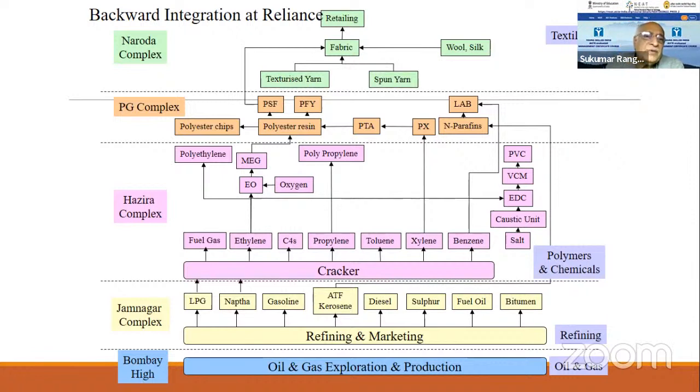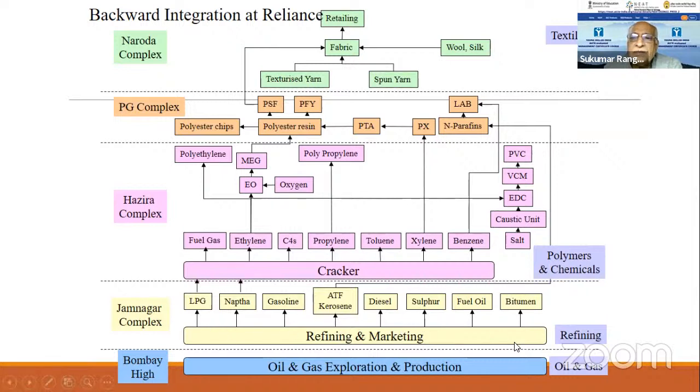So similarly, if you see here, from the oil and gas which comes out from the oil wells, refining is the first stage, the oil refinery. Of course, they have one in Hazira, and I think there are many other refineries.